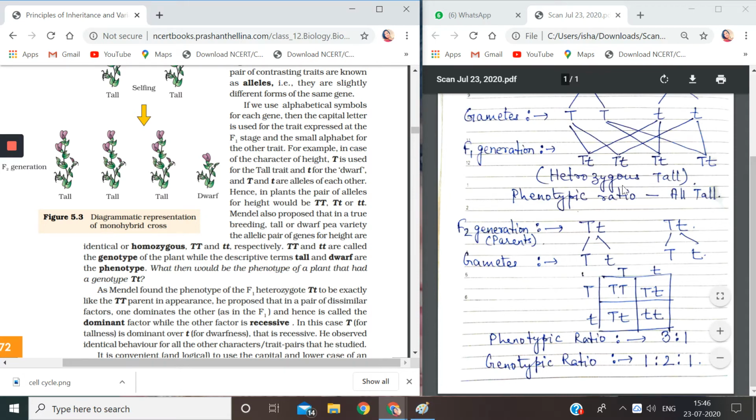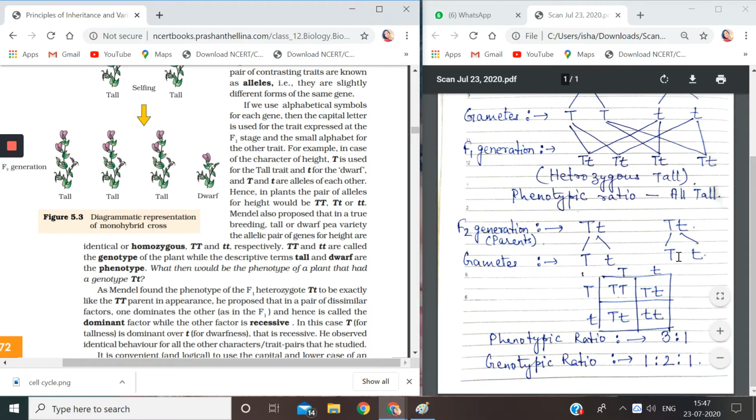Now, what Mendel did was he took any two plants from the F1 generation and crossed them. Two plants of the F1 generation were self-pollinated, or crossed among themselves, and the gametes we are getting are one allele capital T and the other allele small t. Again with the second parent, same thing is happening: one capital T allele and the other small t.